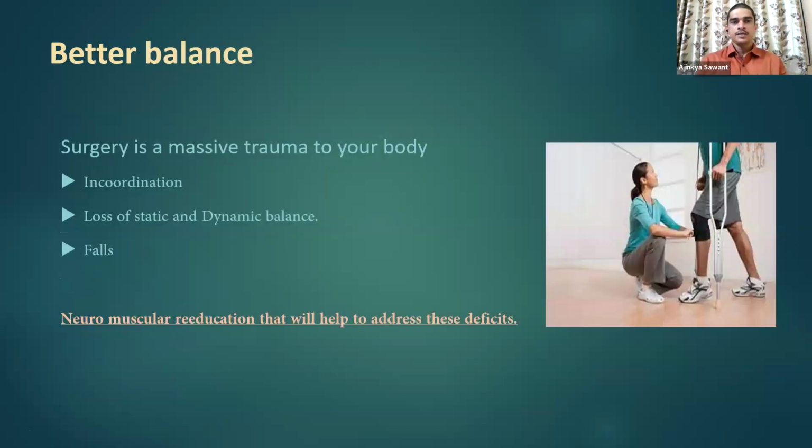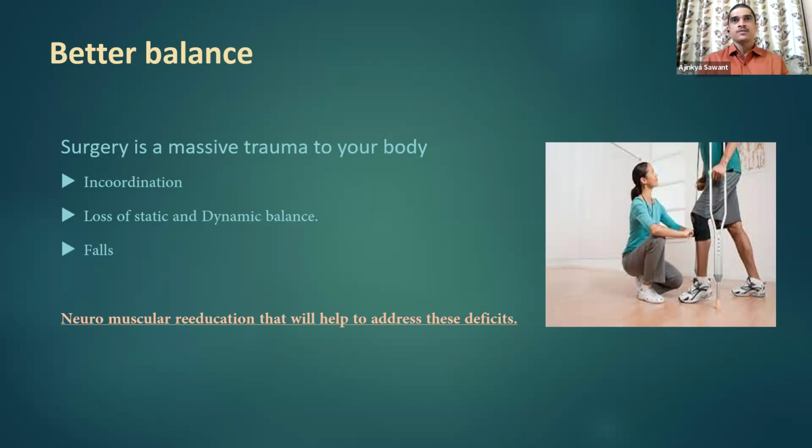Better balance. Surgery is a massive trauma to your body. After surgery, even neurological surgery or orthopedic surgery, there is incoordination. Incoordination is basically seen in neurological and post-surgical cases. Incoordination, loss of static and dynamic balance. Patients tend to lose balance and fall.